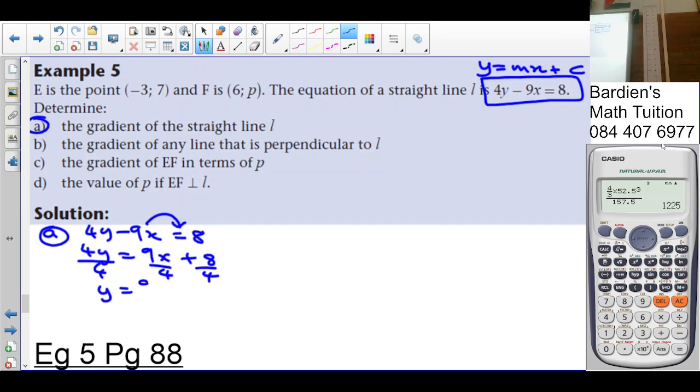So y is equal to 9 over 4 x plus 2. So can I conclude what the gradient is now? Yes. So therefore the gradient is equal to 9 over 4. Okay. Any confusion here? No?